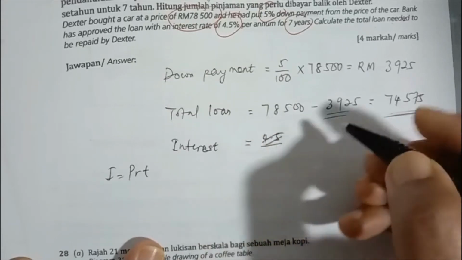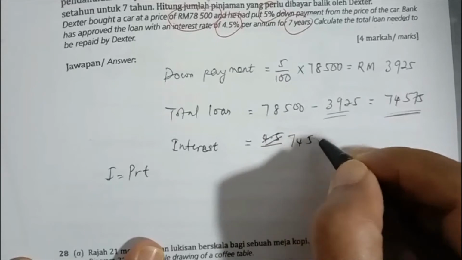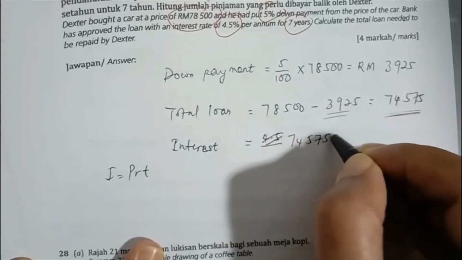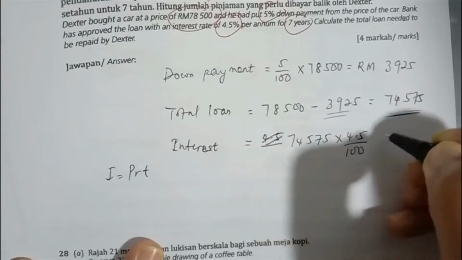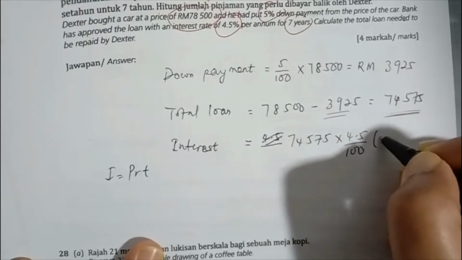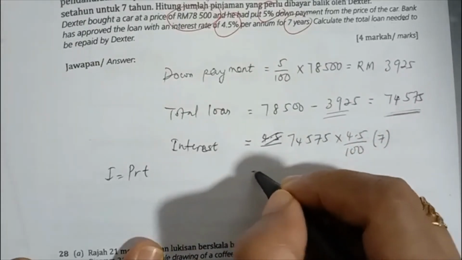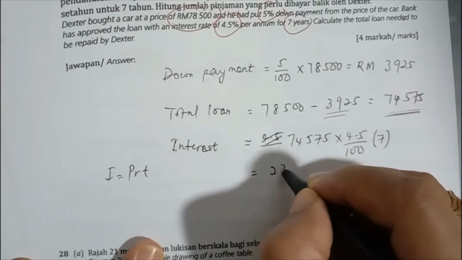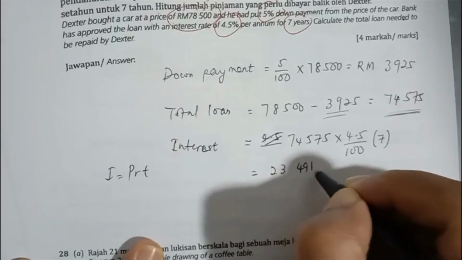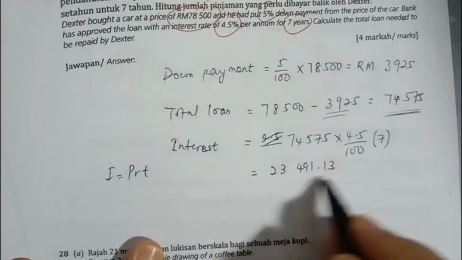So PRT kita ambil 74,575 P dia. R ialah rate 4.5/100. T dia ialah 7 years. Okay. So kita calculate dapat 23,491.13. So ini interest dia.